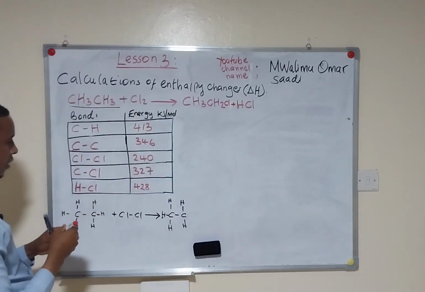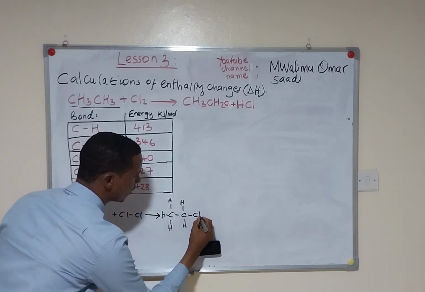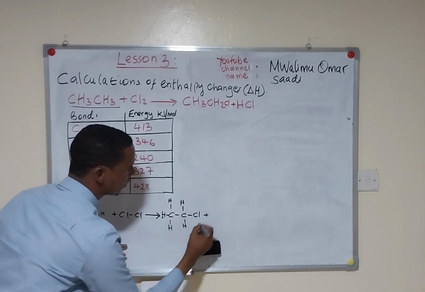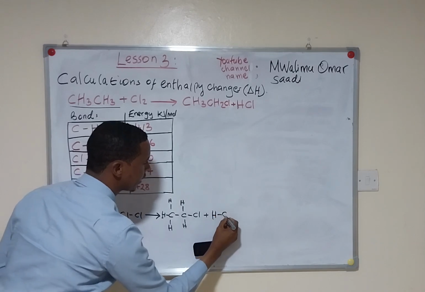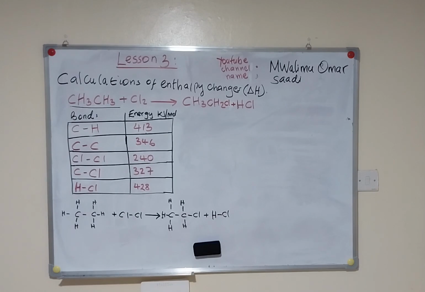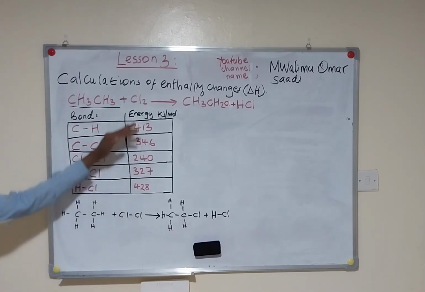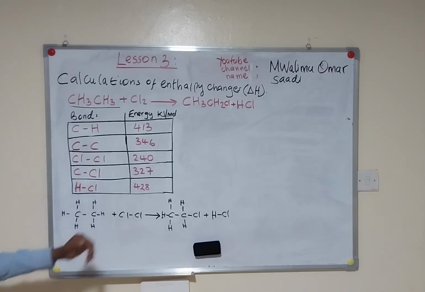And here we have Cl plus HCl, so this hydrogen is attached to 1 chlorine. So for simplicity, we have separated our equation in this form so that we understand better.